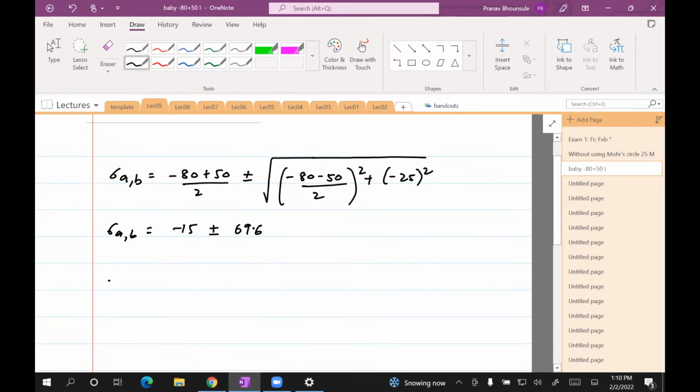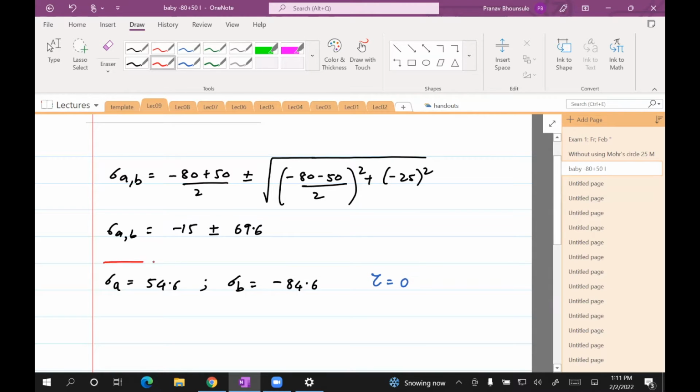And so the answers are sigma A is 54.6, taking the positive sign. And then sigma B, taking the negative sign in the above expression, we have minus 84.6. And of course, when the principal stress is maximum, the shear stress is 0.